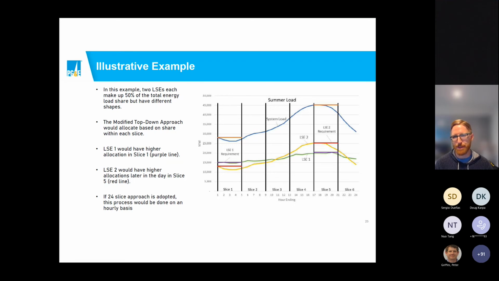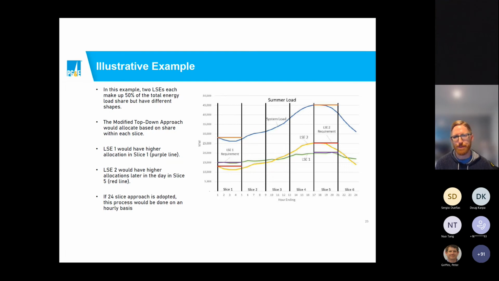But if you go to slice 5, those requirements are flipped, right? With the nature of LSE 2's load, which is peakier in the evening hours, in slice 5 they would have the higher requirement in that particular slice, as you can see with the red line.